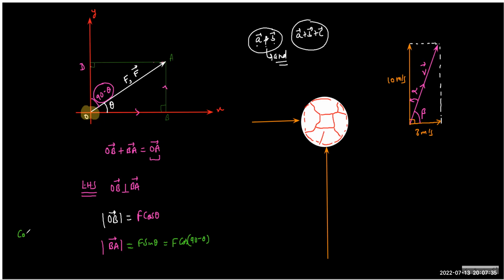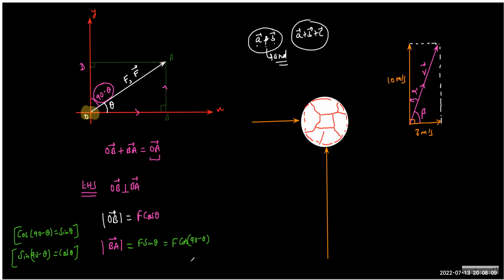Because cos 90 minus theta is also sin theta, right? Do you know this angle relation, like sin 90 minus theta is cos theta? Anyone who doesn't know this relation, just let me know. So you all know, right? Everyone knows.